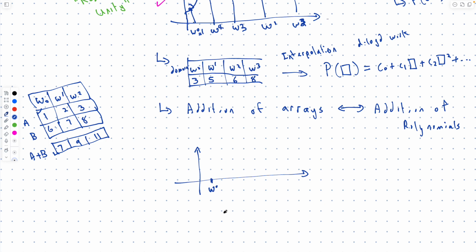So here's omega to the 0. So in one polynomial I have a 1. In the other polynomial I have a 6. Here's omega to the 1. And I'll put omega squared here. So here I have a 2.